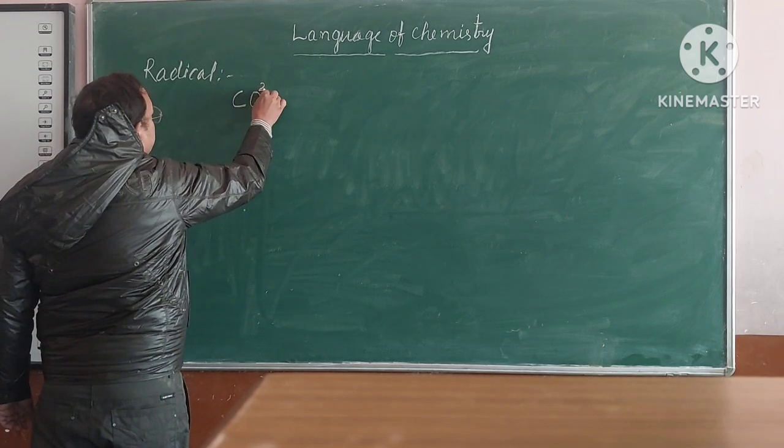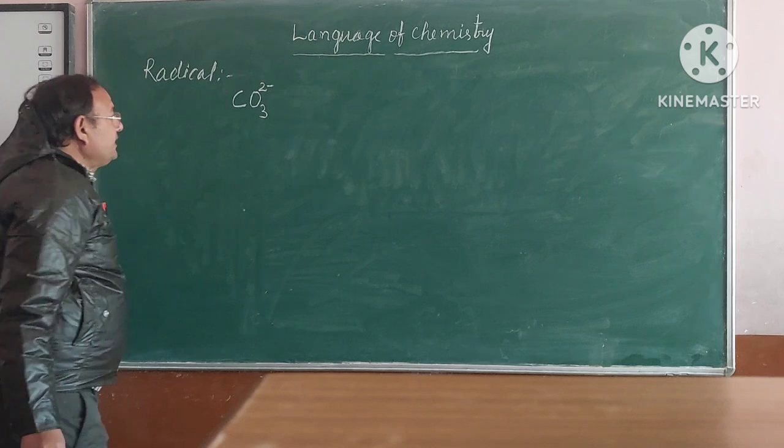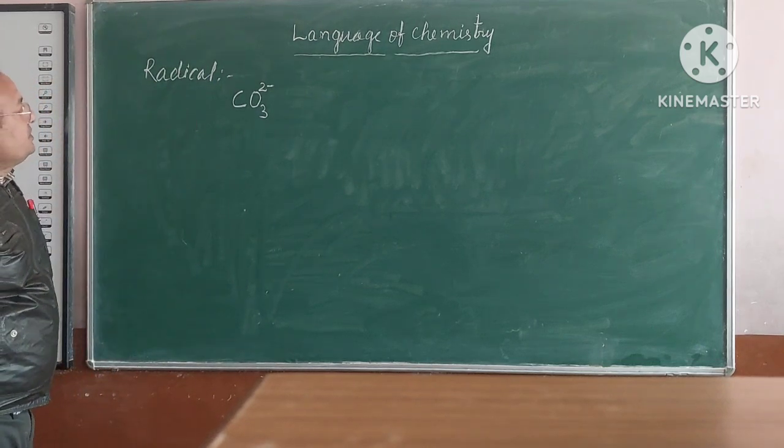So the carbonate radical has two negative charges.